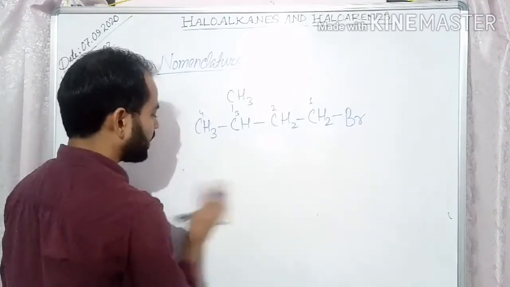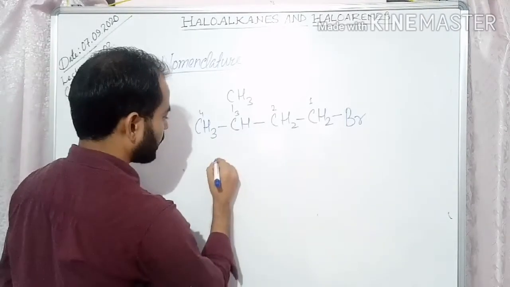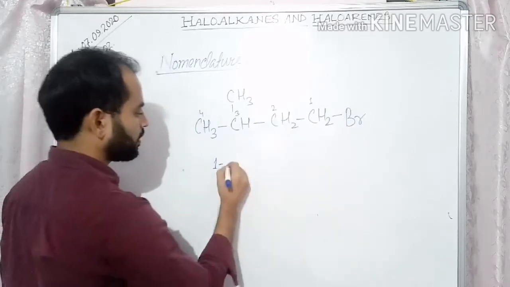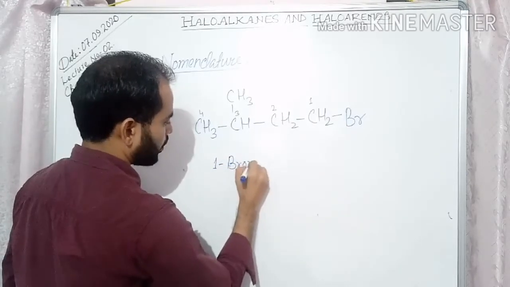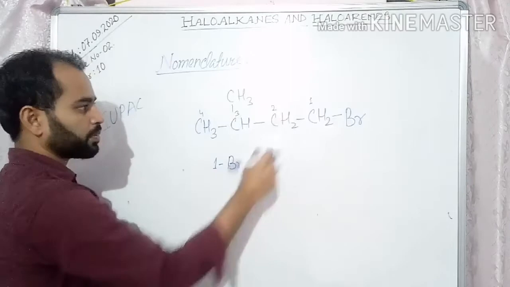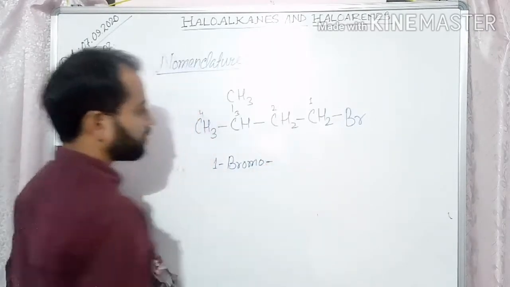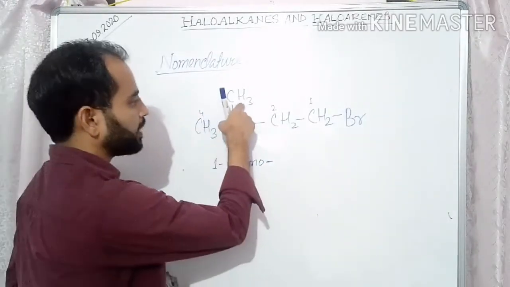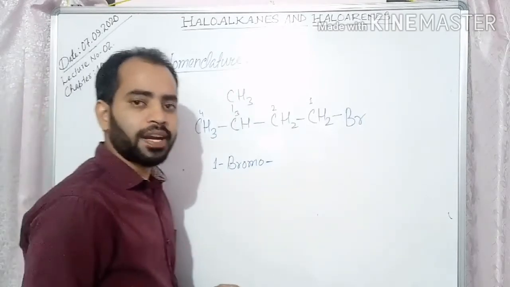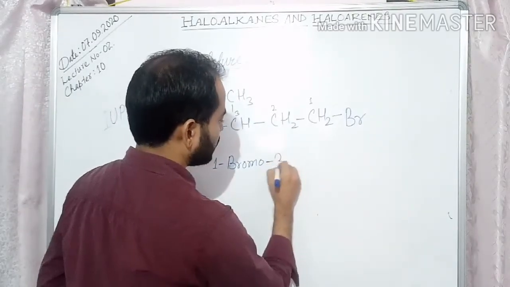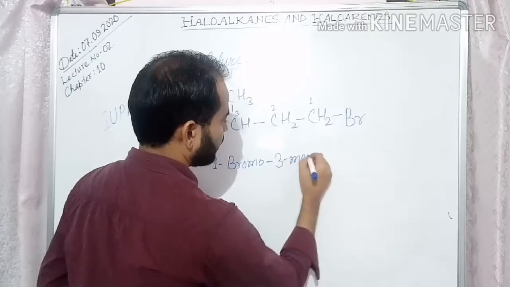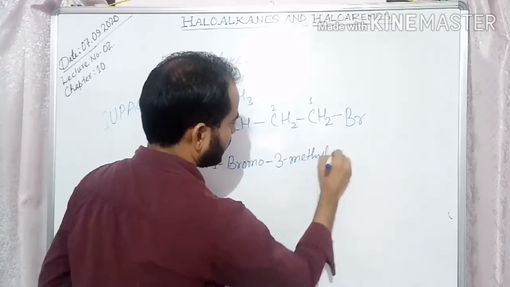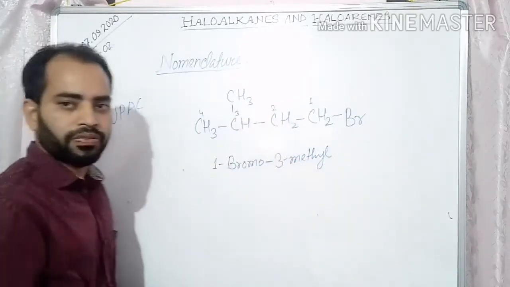So how will we write it? 1-bromo, that means at the first position there is bromo, then another hyphen. Then the methyl group is at which position? Third position. So we'll write 3, again hyphen, then methyl. So the prefix is over.